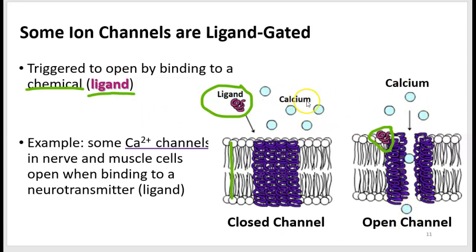The example I'm showing you here is a calcium channel that will allow the movement of calcium across a membrane, but only if there is a certain substance bound. This is important in your muscle cells. So your nerves will release a ligand that binds to a muscle cell, opening a channel to let calcium in so that contraction can happen. And we'll talk about that again later.